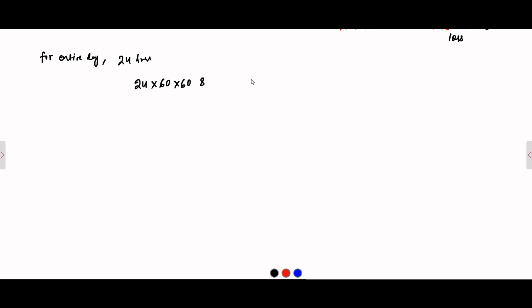For this many seconds, it will be 1.2 into 10 to the power minus 4 into 24 into 60 into 60. That is coming around 10.368 seconds.